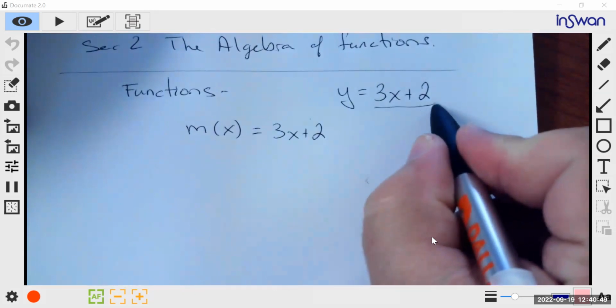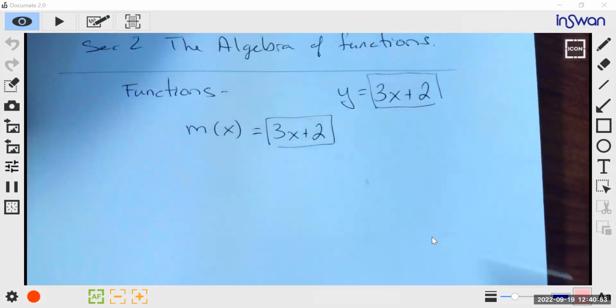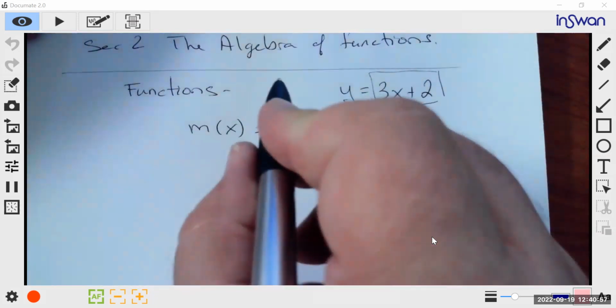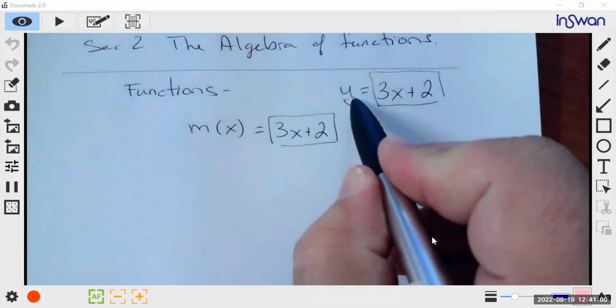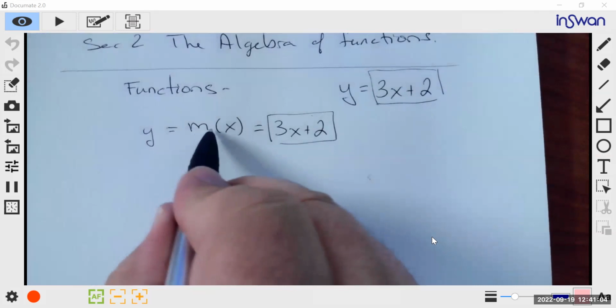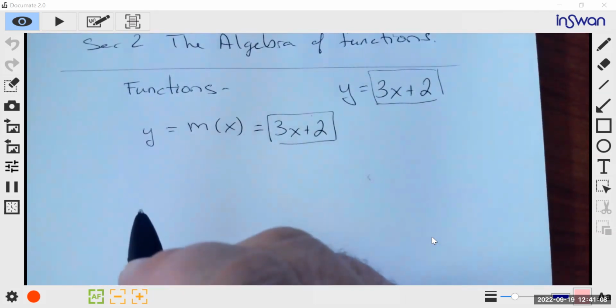The equation part remains the same. The only difference now is this, the m part represents the y values.